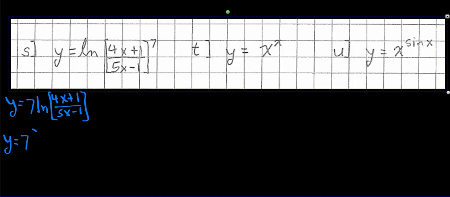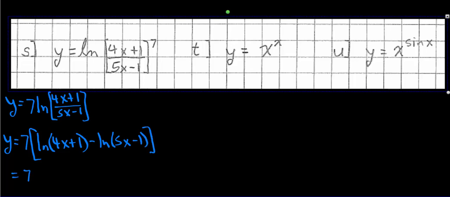This is 7 times log 4x plus 1 minus log 5x minus 1, which gives me 7 times 4 over 4x plus 1 minus 5 over 5x minus 1. So there we've used some properties of logs with those.